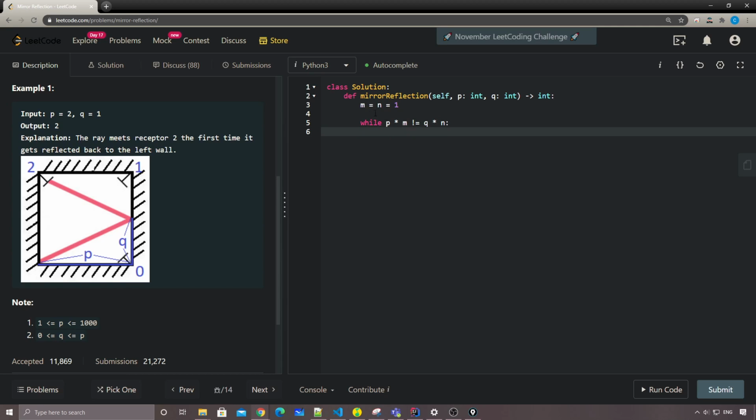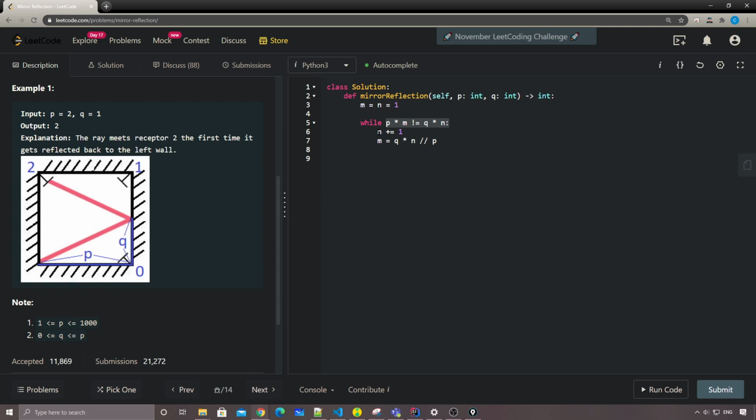Because we're starting from 1 for both m and n here. And then we increase n by 1, and m equals q times n divided by p, right? That's how we try to get close to this p and q here.